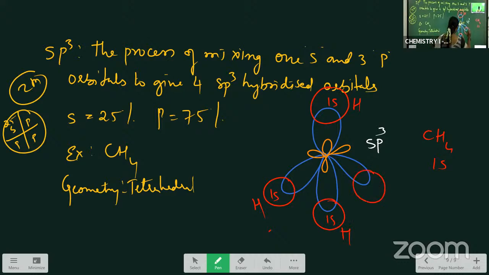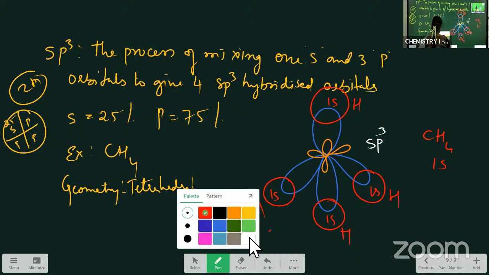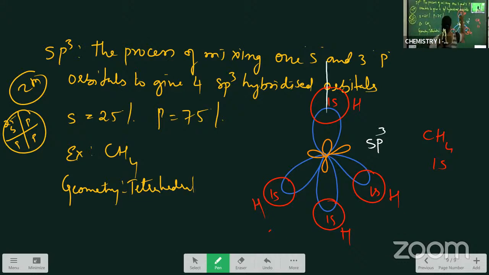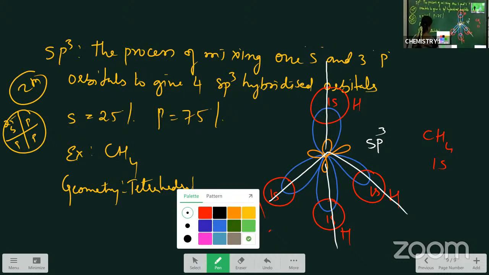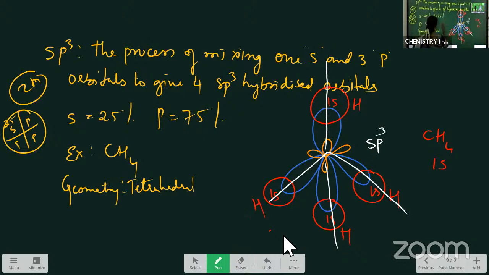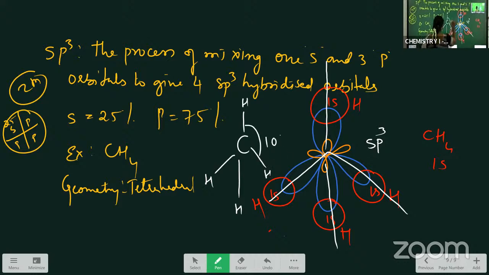This is 1s of hydrogen. Okay. डॉटेड लाइन से ड्रॉ करना है. अगर आपको सिंपल सा डायग्राम ड्रॉ करना है, so this is carbon, hydrogen, this is hydrogen, this is hydrogen. So what is the bond angle here? 109 degrees 28.